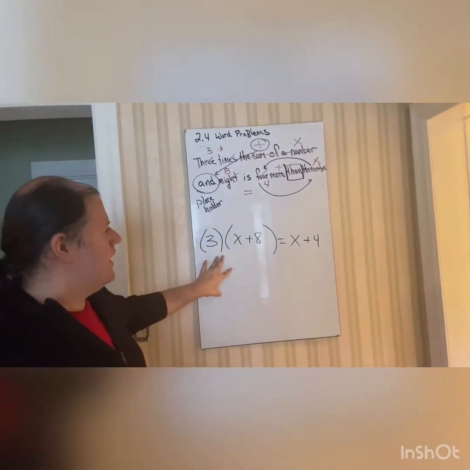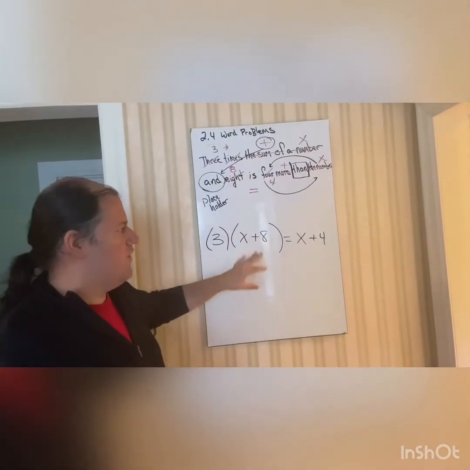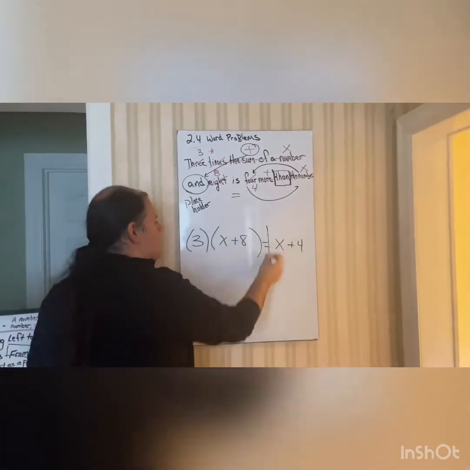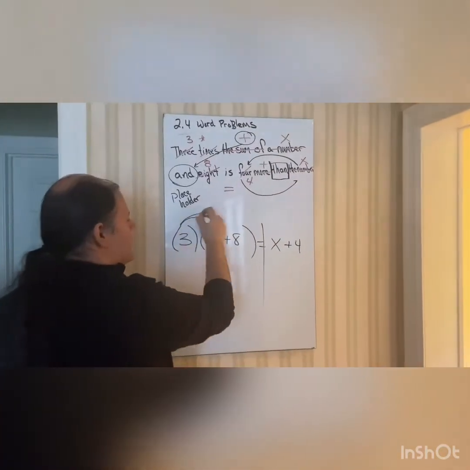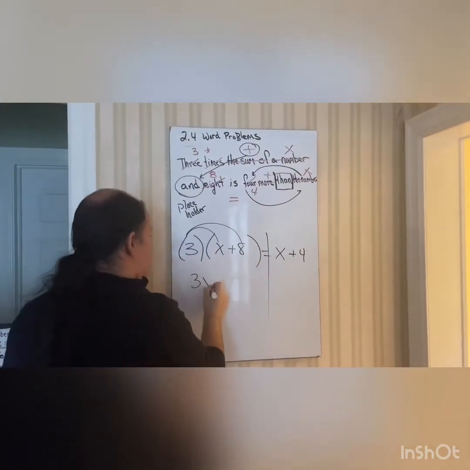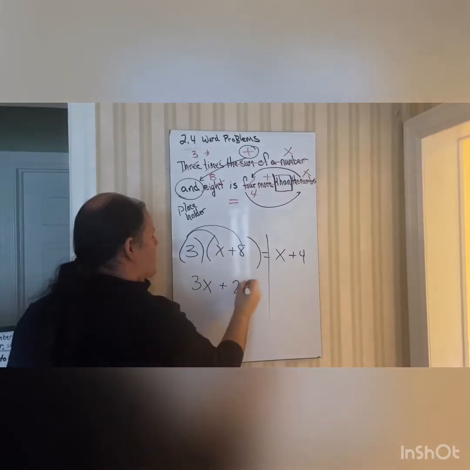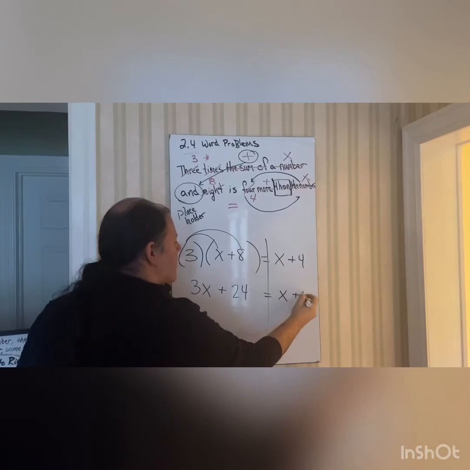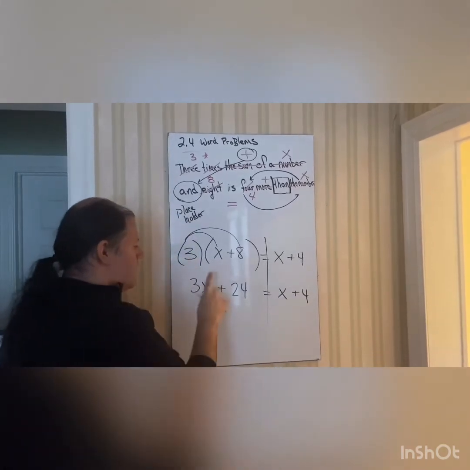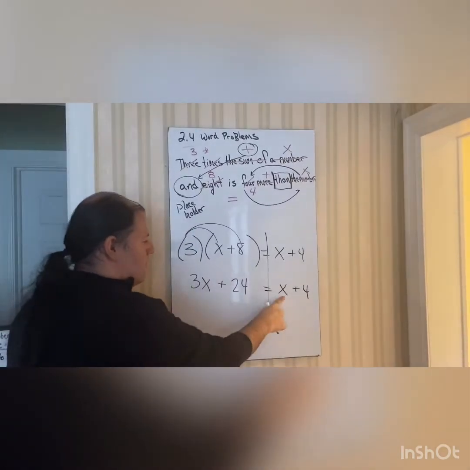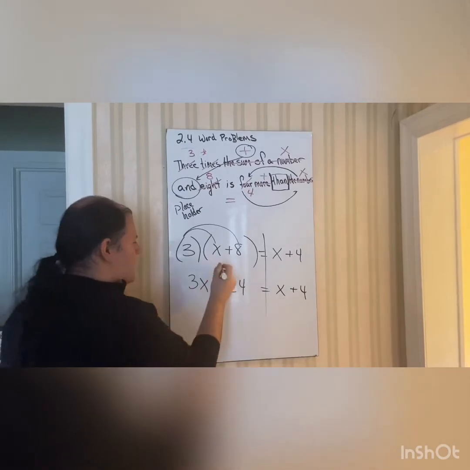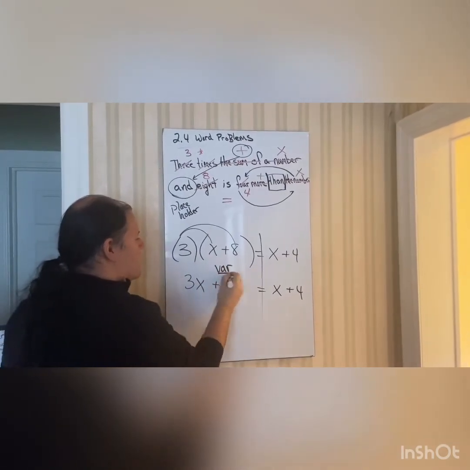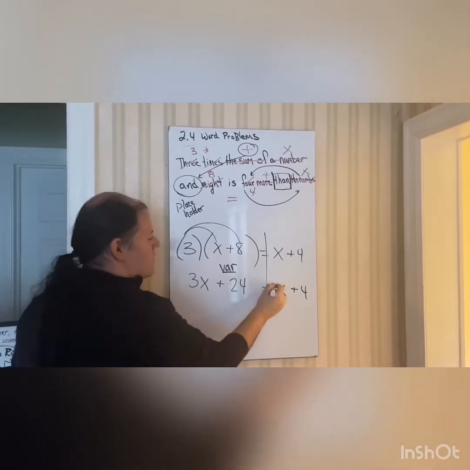What we're going to do now is just solve for the variable x. We're going to distribute to get rid of the set of parentheses, so we get 3x plus 24. Next, label one side variable. They both have x's. So this side's going to be the variable because 3 beats out understood 1.